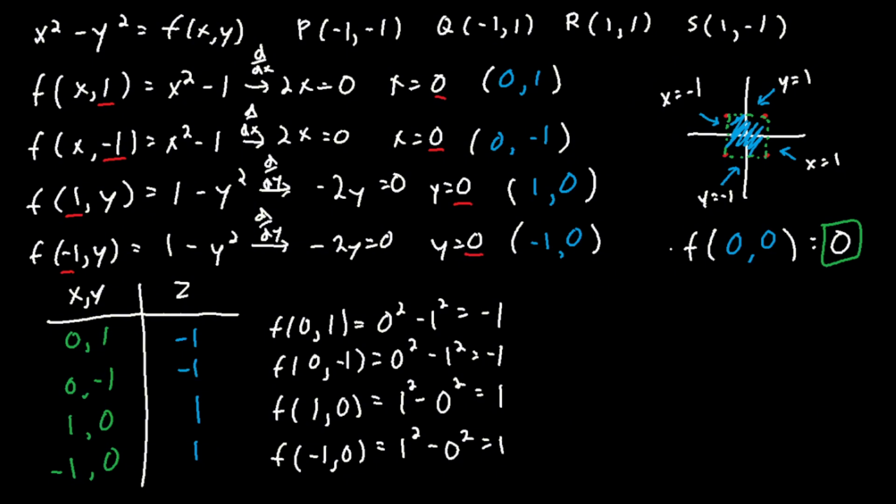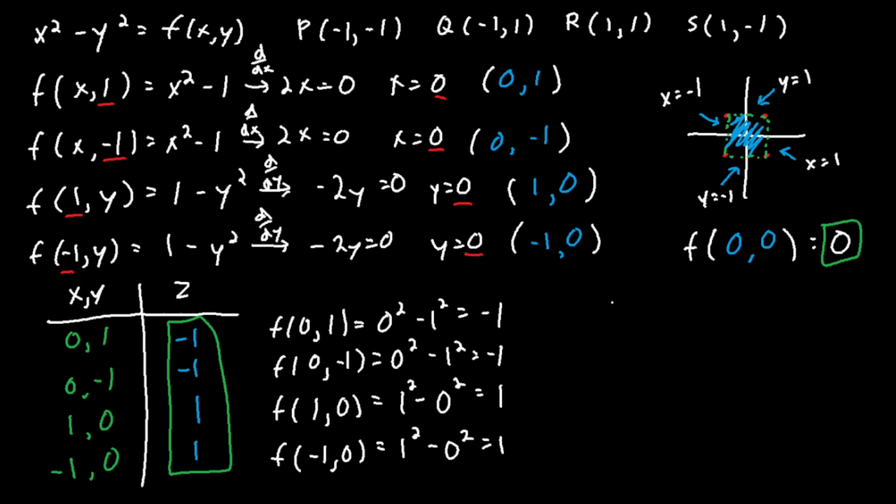Now that we have our values that we can compare, right? So these are z values, and this is our z value that we found for a local min. Which one's the lowest, which one's the highest? Well, negative 1 is obviously the lowest number, and 1 is the highest number. So this time, our local max or local min was not our absolute max, absolute min. We found our absolute maxes and absolute mins along the boundaries.